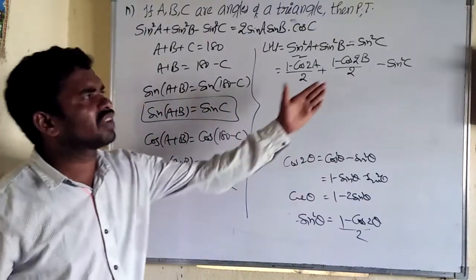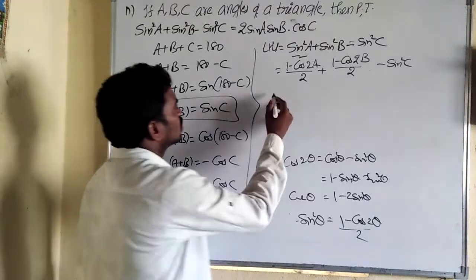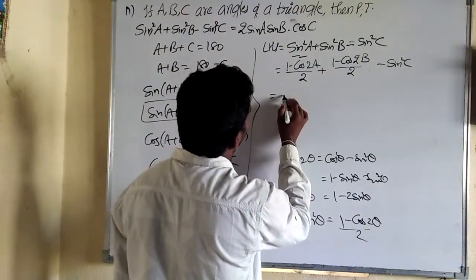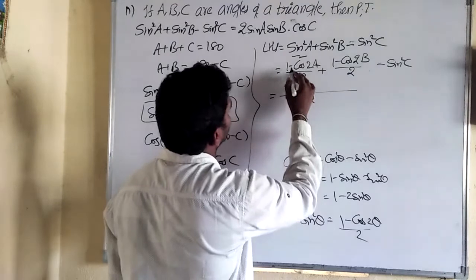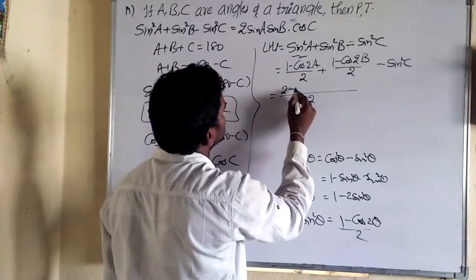Okay. Later we can change sin square c also. So now in both terms 2 is the denominator. So same terms: 1 plus 1 becomes 2, and in both minus is common.